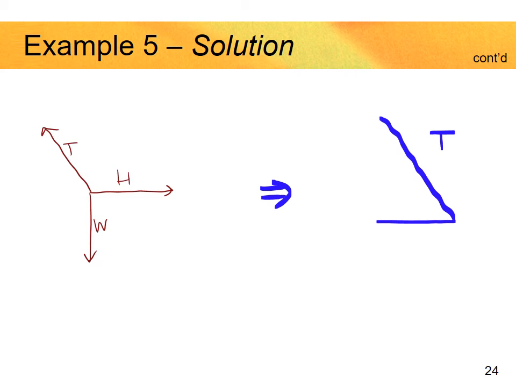Then I can bring my horizontal piece, my H piece, down this way, and then my weight can go down like this. Are we good? Is that a right triangle? And in fact, there's my 30 degrees right there. So I redrew all these forces so they all connect together, and if they all connect together back, then I know I have an equilibrium point. So everything adds up back to 0. If I start here in my right triangle, I have H, I add T to it, I add W, and I get back to here.